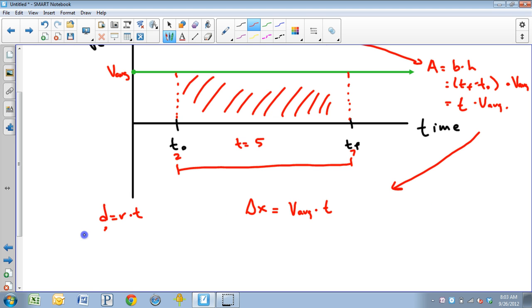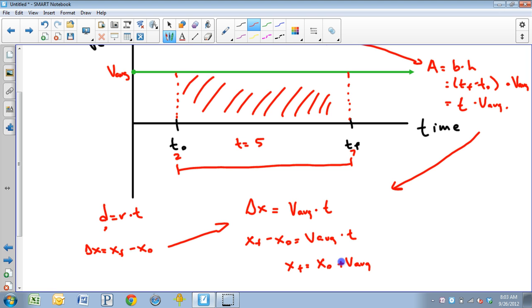Again, we can see that because delta x is equal to x final minus x initial, we can plug this in over here and end up with x final minus x initial equals v average times time, or that x final equals, let's rearrange it just a little, x initial plus v average times time.